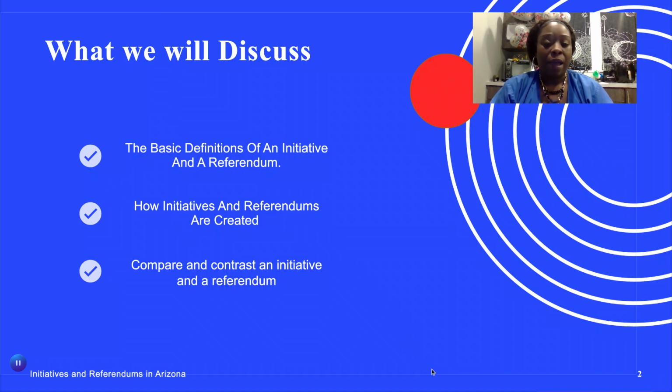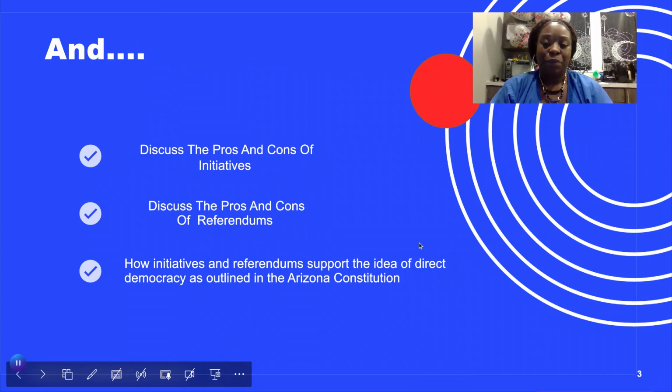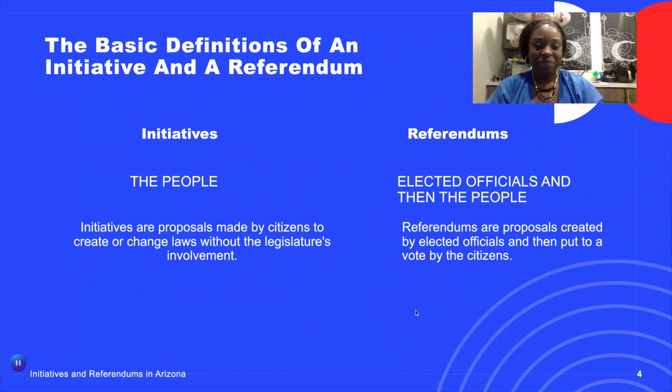We will compare and contrast both concepts, and we will discuss the pros and cons of initiatives and referendums, as well as how initiatives and referendums support the idea of direct democracy as it outlines the Arizona Constitution.